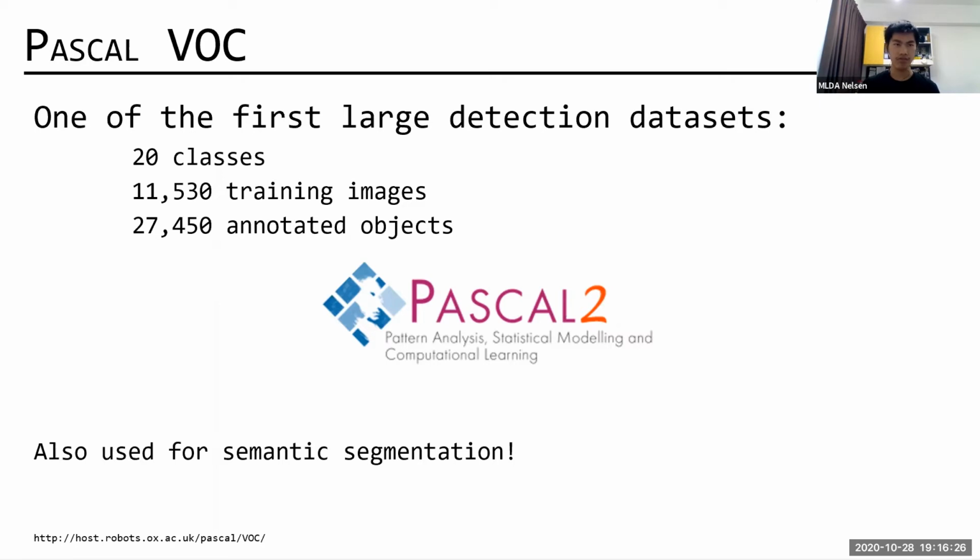And out of these 20 different classes, there are 11,530 training images and 27,450 annotated objects. So the main idea is that we have 20 classes. That's the important thing that we want to capture from this slide.